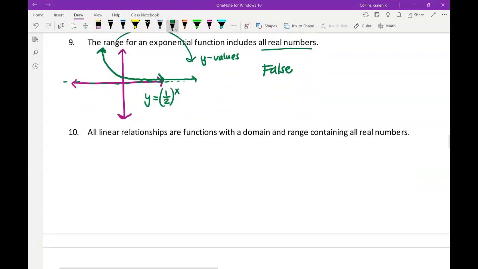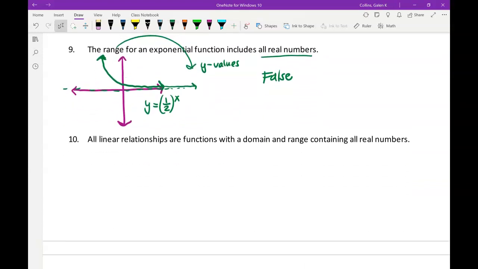All right, lastly, number 10, all linear relationships are functions with a domain and range containing all real numbers. I think often the linear relationships we'll work with have a domain and range containing all real numbers, but I could think of two counterexamples. We could first of all, so this is just my x and my y axis here, have a linear relationship that's constant.